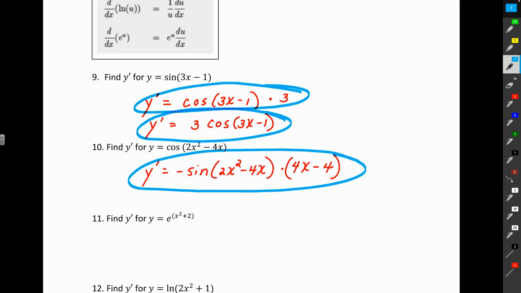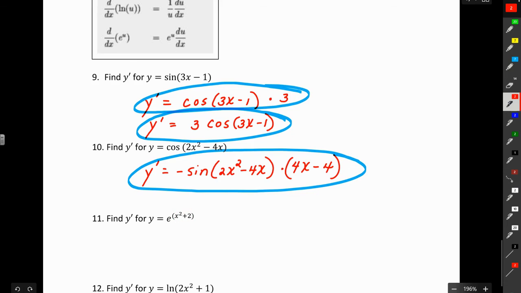Now, chain rule for e to the u. Let's look at the rule here. You've got the derivative of e to the u. When we say u, we mean that this guy up here, the exponent of e, has a derivative. So we would write e to the u, but then next to it, the inside part would be the derivative of u. The outside would be e to the u times the inside, the derivative of this.